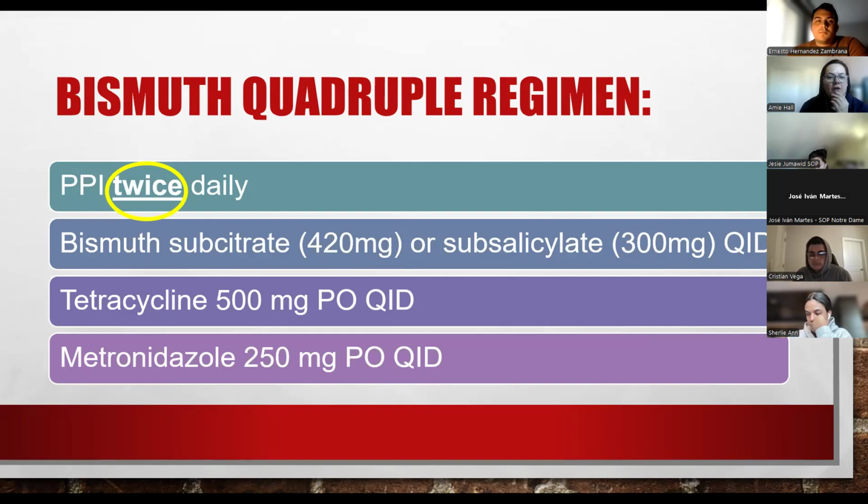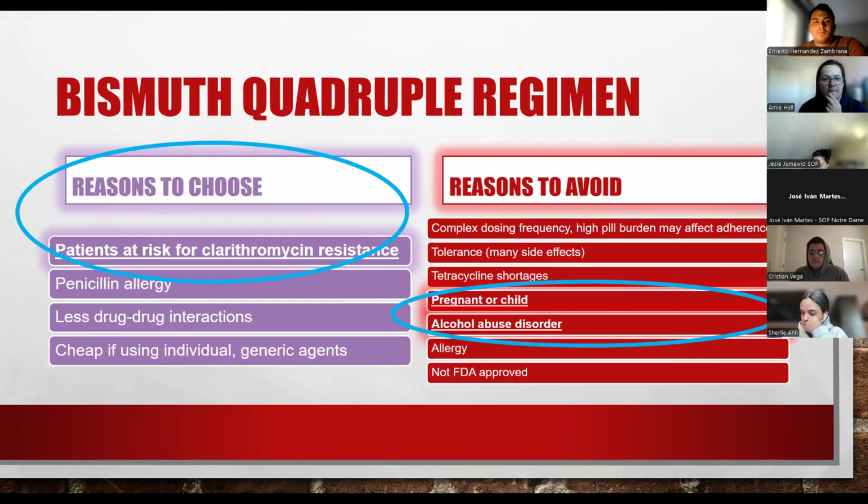Right? It'll also have bismuth subcitrate or bismuth subsalicylate. So this is basically like Pepto-Bismol in tablet form. It'll have tetracycline and metronidazole. So how do we know if this is appropriate for our patient to use?